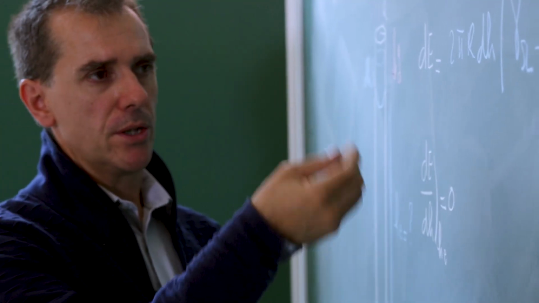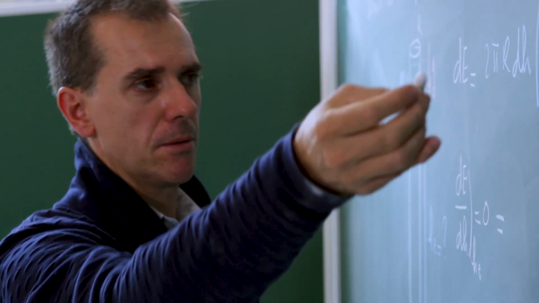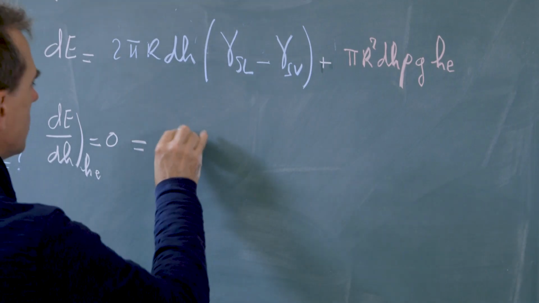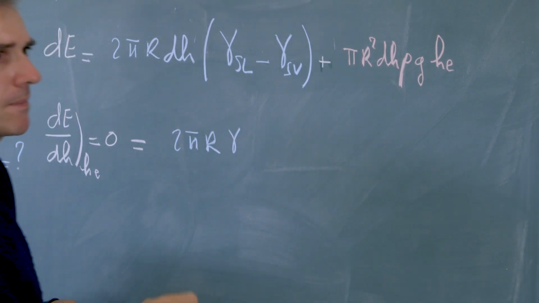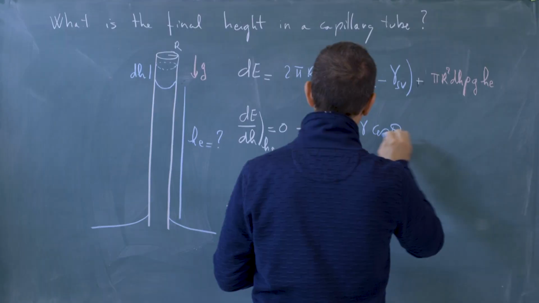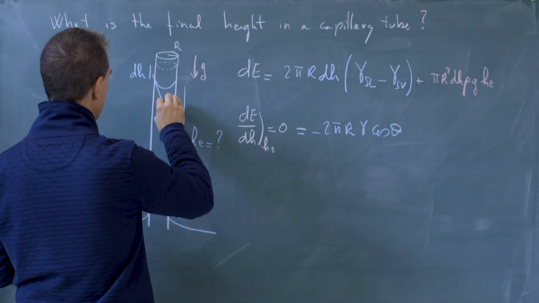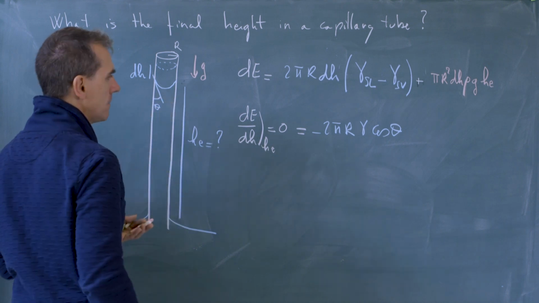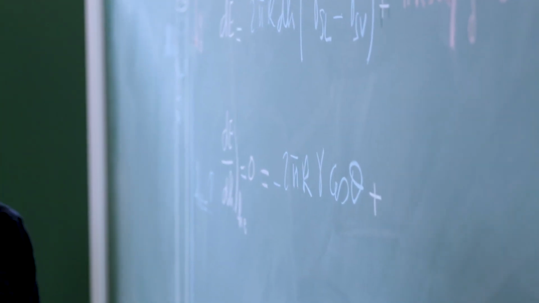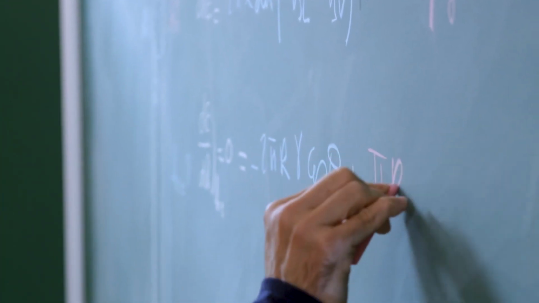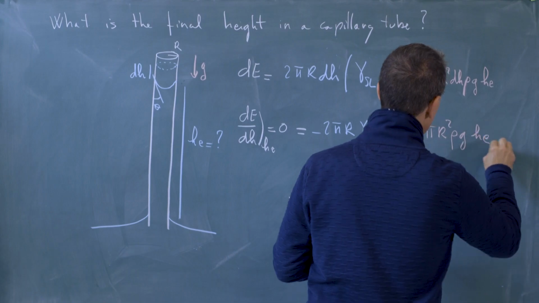And so when we use this condition, we see that 0 has to be equal to the sum of the blue and the pink, which is 2 pi r times gamma times cosine theta, which comes with the minus sign according to Young's equation. So here theta is the contact angle. And then I have the contribution of gravity, which comes like pi r square times the density times g times HE.